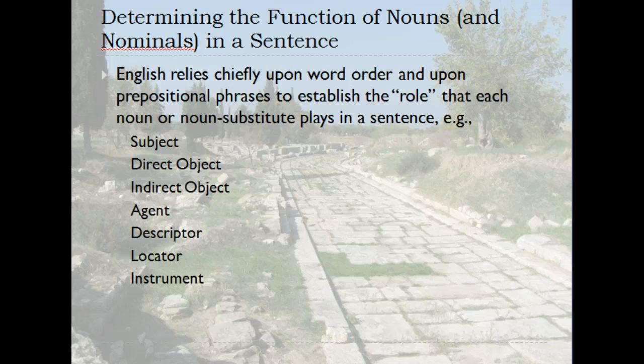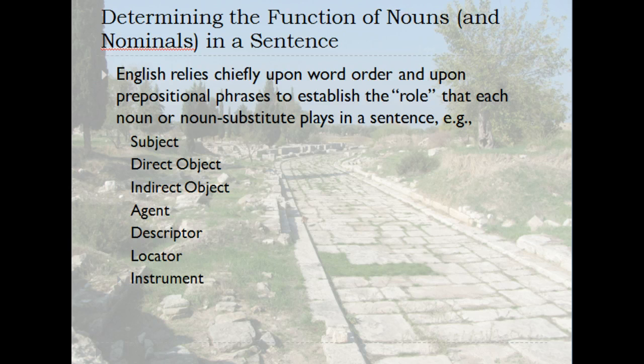A noun might give us the instrument, name the instrument by means of which the main action happened. It might function as a descriptor of another noun in the sentence. It might be an agent, that entity by whose activity the action happened. All of these roles that a noun can play are familiar to us in English.